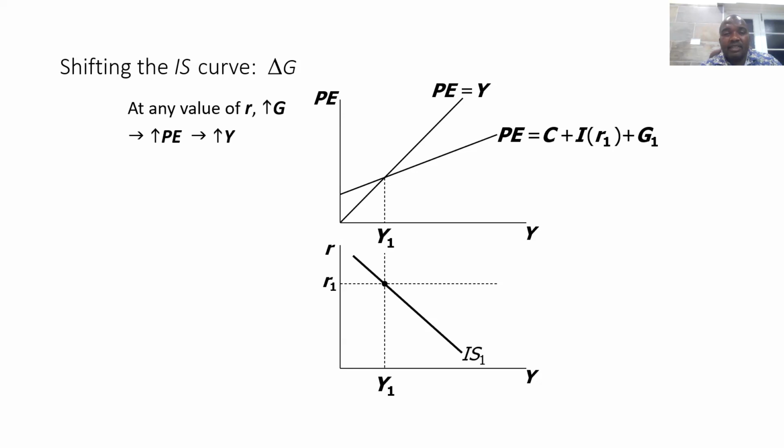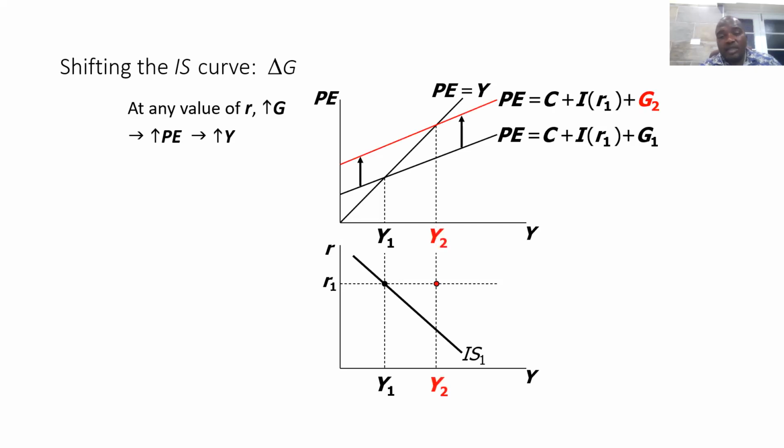And then at any value of R, an increase in G will lead to an increase in planned expenditures, which leads to an increase in national income. So we say let government spending increase. When government expenditure increases, the interest rate is still R1 because nothing has happened with the interest rate.